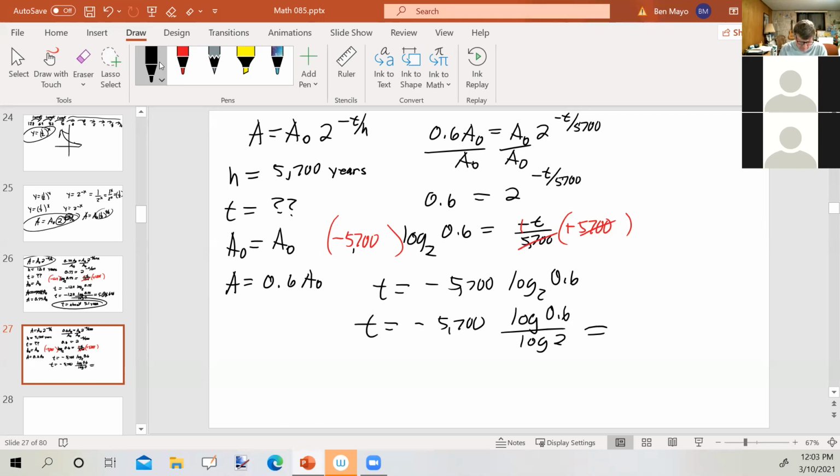So negative 5,700 log of 0.6, close it up, divided by log of 2, close it up, and I get 4,200.703887, and it says t is about 4,200 years. All righty. Any questions about that one? Okay, let's see here.